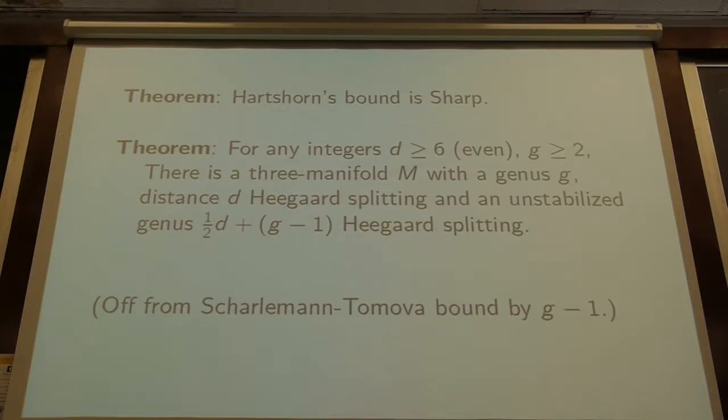And second, for any appropriately chosen integers, you can find a three-manifold that has both a high distance Heegaard splitting and a second unstabilized Heegaard splitting whose genus is slightly larger than the bound that Scharlemann-Tomova gives you, but it's still unstabilized. So no matter how high you force the distance to be, you can still get other unstabilized Heegaard splittings.